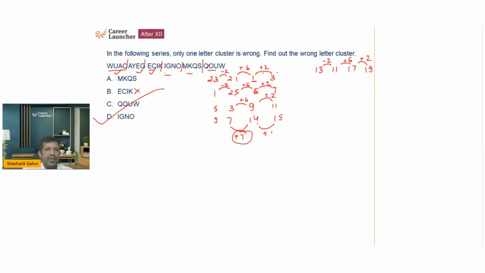Fine. So we are getting the same arrangement in this. So this is a wrong option because I'm looking for the odd one out. Q is 17. O is 15. Decrement of 2. U is 21. And W is 23. Again, decrement of 2, increment of 6, and increment of 2.